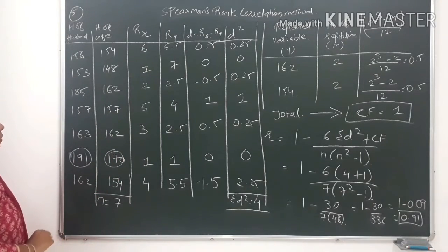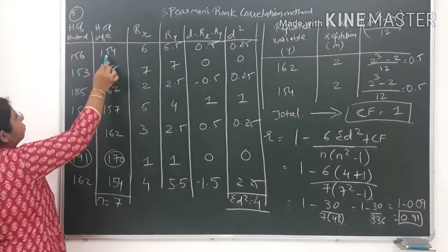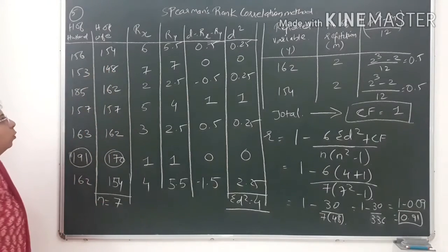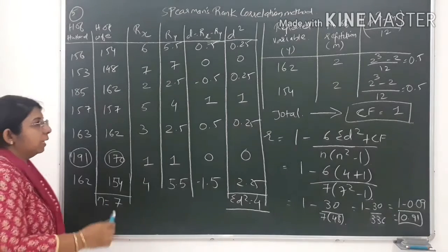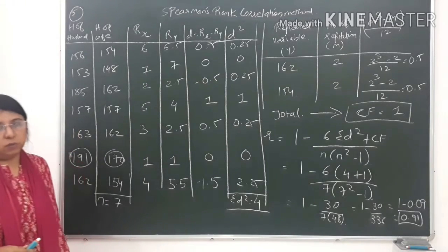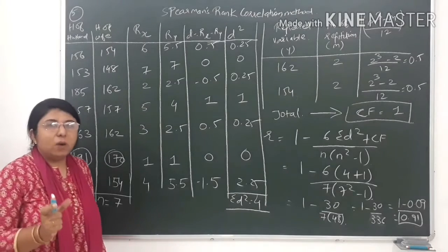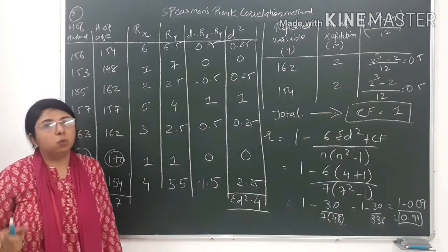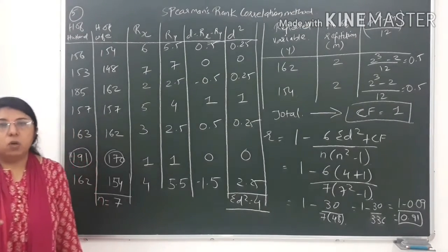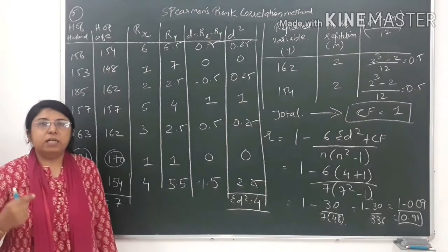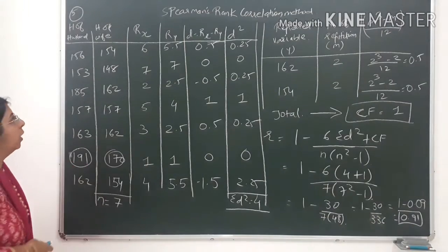Now for the 5th rank, again there are 2 data having the same value, that is 154 and 154. So after 4th, the next 2 ranks will be 5th and 6th, so you have to find the average of 5th and 6th. 5 plus 6 is 11, and 11 divided by 2 is 5.5.